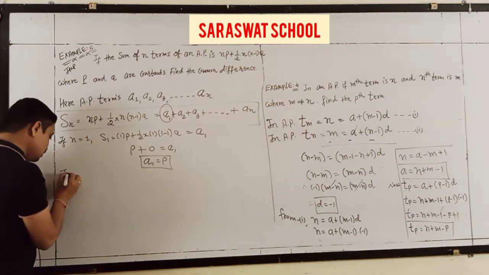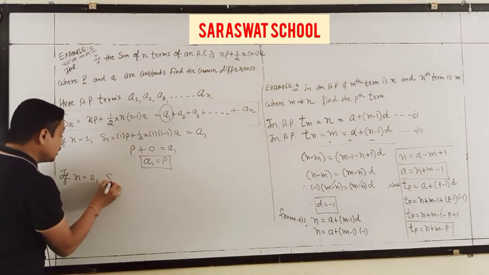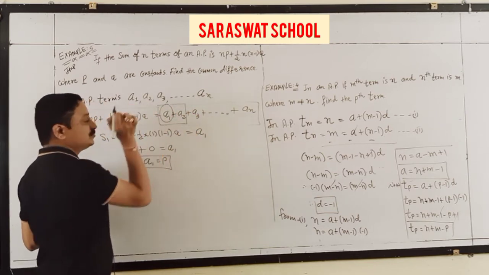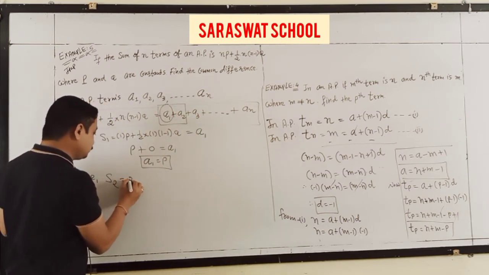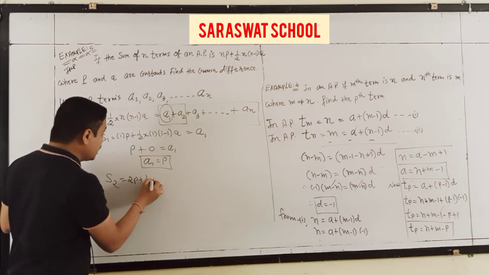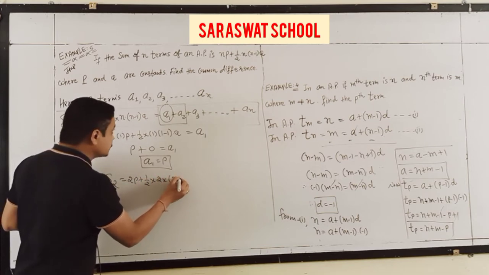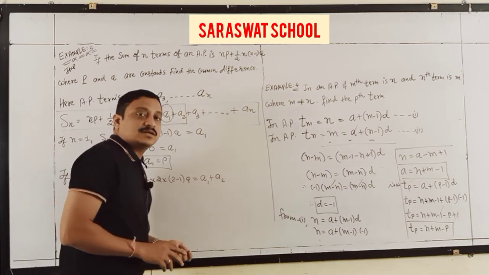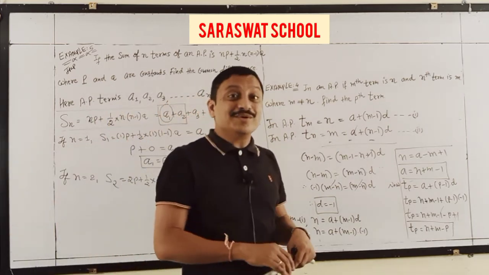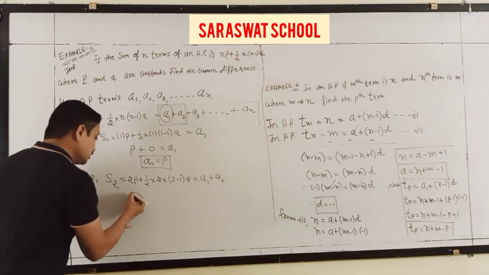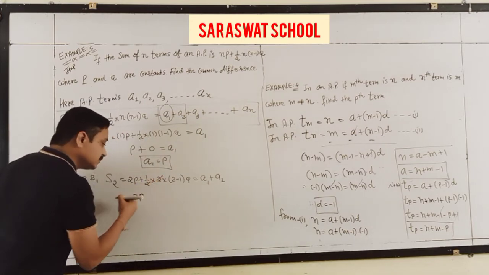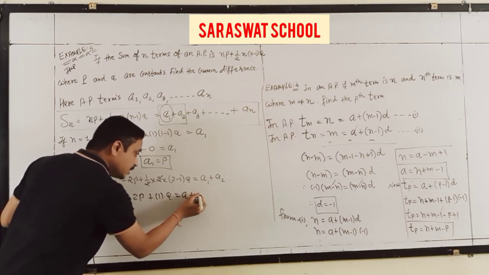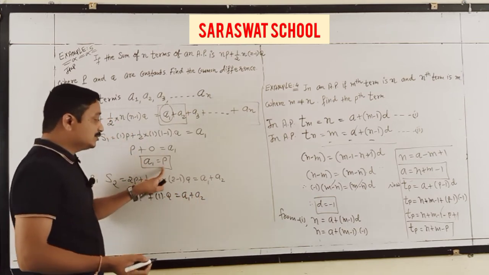Similarly, if n equal to 2, S2 means the sum of the two terms. Apply here 2 into p, plus half 2 minus 1 q, and on that side A1 plus A2. The 2 cancels, so 2p plus 1 into q is equal to A1 plus A2, but A1 I know, it is p.